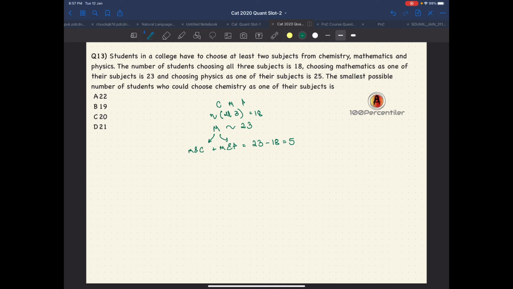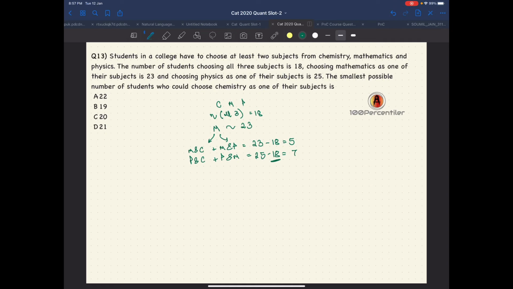Similarly, for physics, as one of the subjects is 25. Because all three will be coming in all the equations.